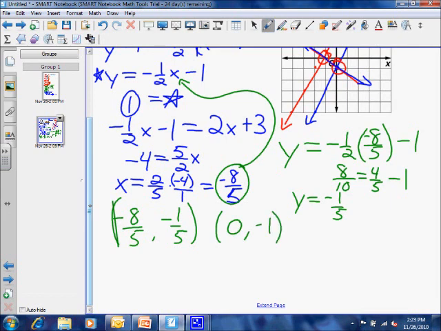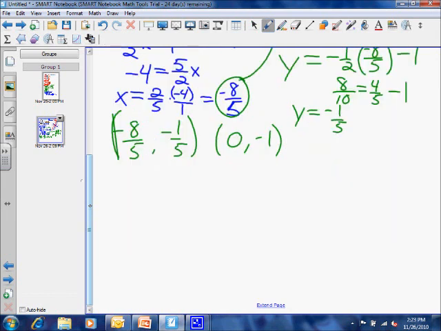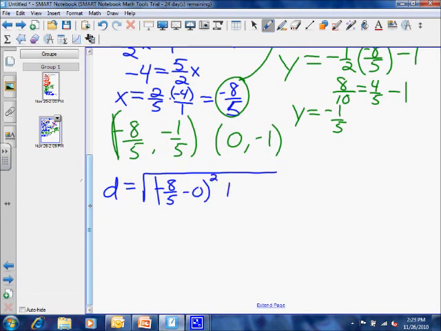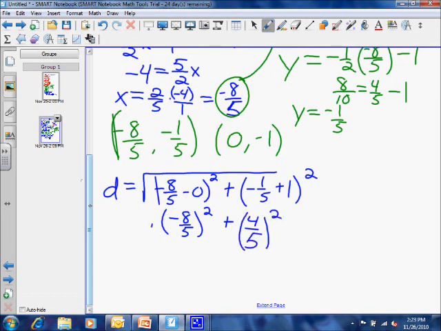And now I will solve using the distance formula. So again, d is equal to the square root. I have to subtract my x's from each other. So I have -8/5 minus 0, squared, plus -1/5, and the negative 1 becomes a positive 1, squared. -8/5 from 0 doesn't change, so it's (-8/5) squared plus (-1/5 + 1), which gives me 4/5, squared, all under the square root.